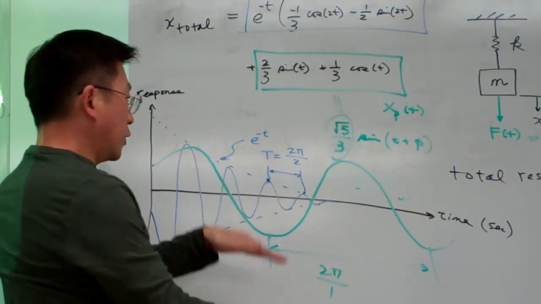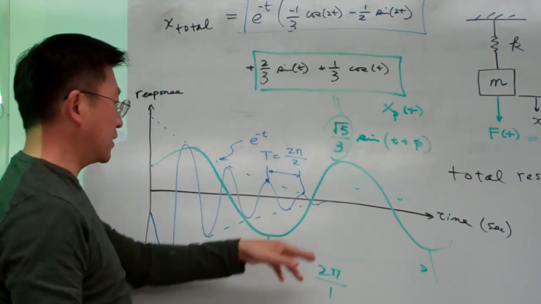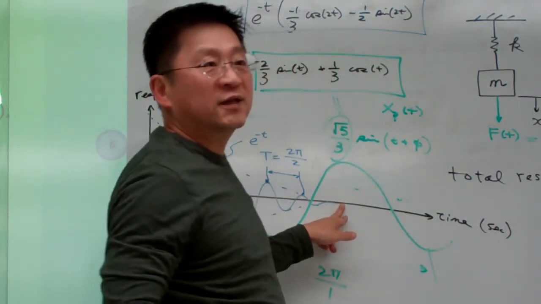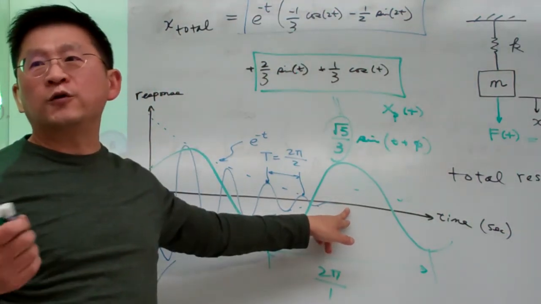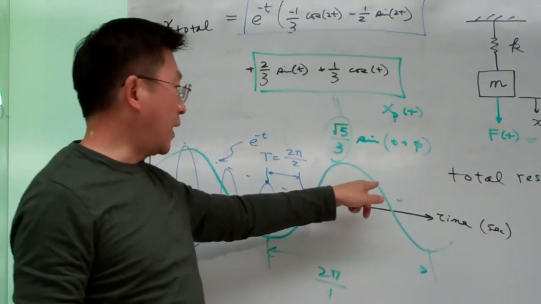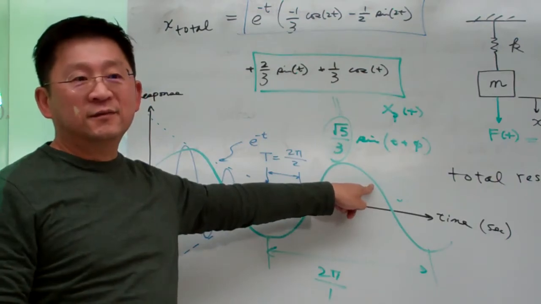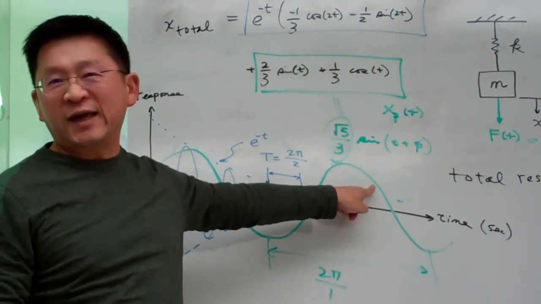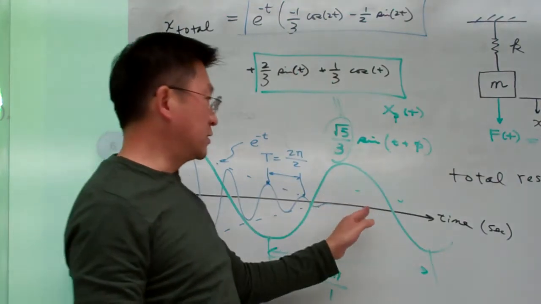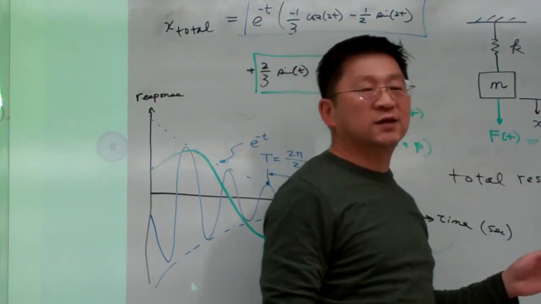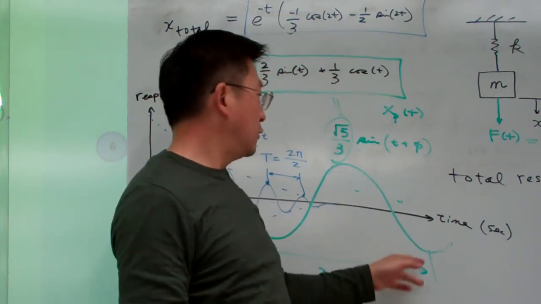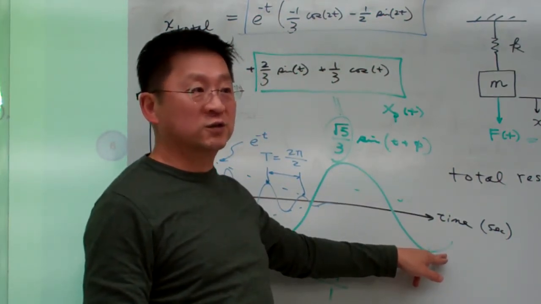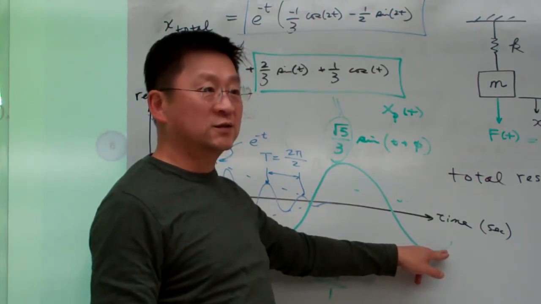So once we superpose the solutions together, you can see when time goes by, in the long term, the system's response will be totally governed by the green curve. Will I be right? Good? Again, the system's eventual response will be totally governed by the green curve. The green curve is the particular response.